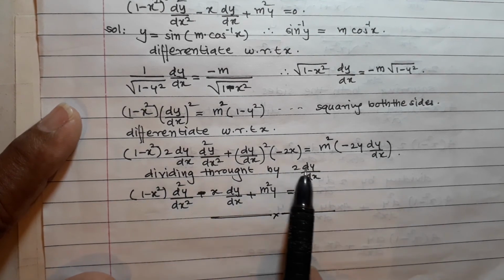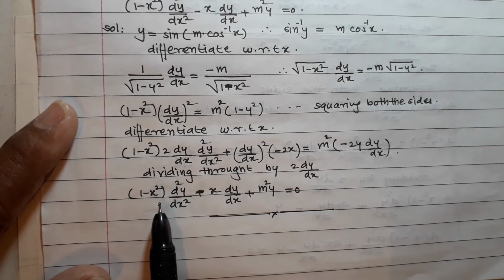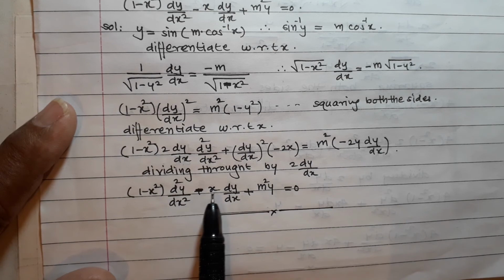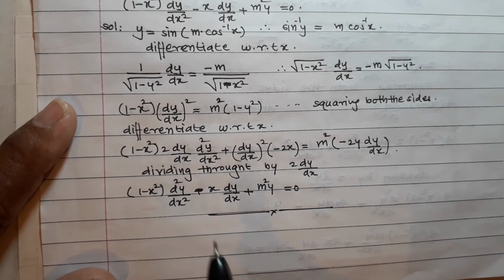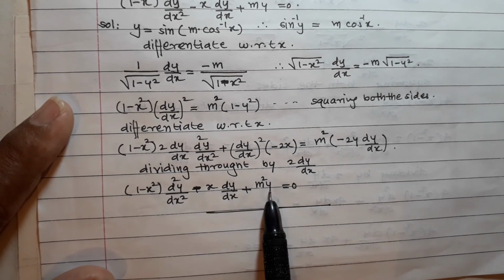Dividing throughout by 2 dy dx, 1 minus x square into d square y dx square minus x dy dx, and this you bring here, so this is minus, so plus m square y is equal to 0.